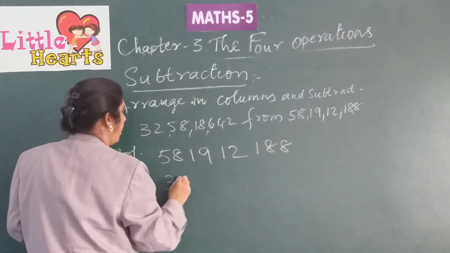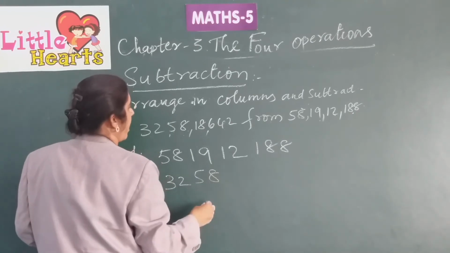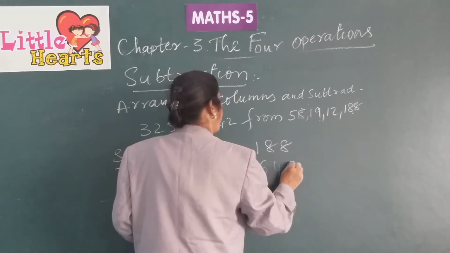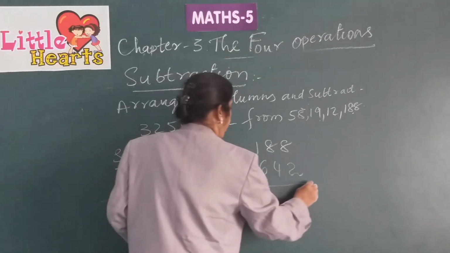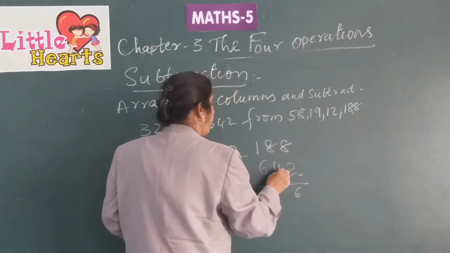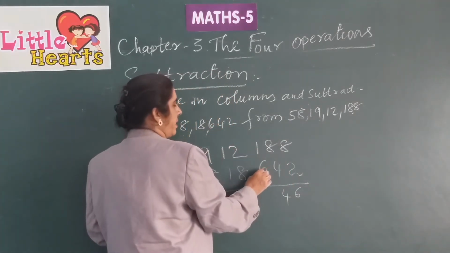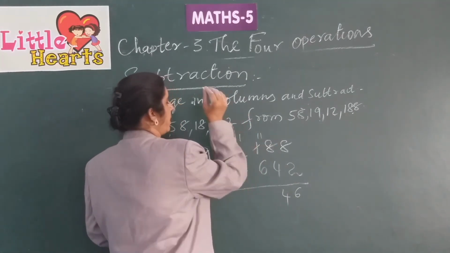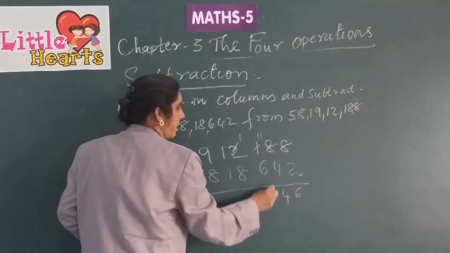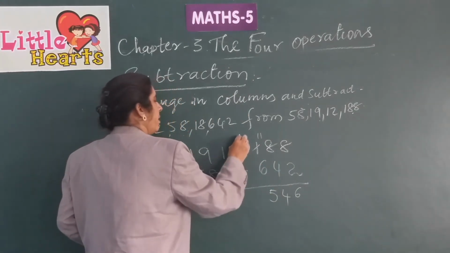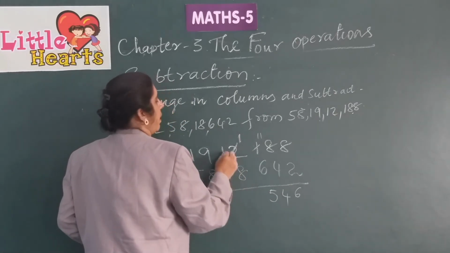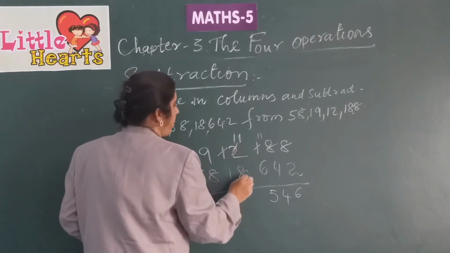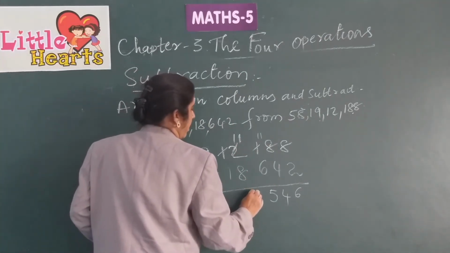Minus 32 crores 58 lakhs 18,642. 8 minus 2, 6. 8 minus 4, 4. 1 minus 6, borrow from 2, this becomes 11, this becomes 1. 11 minus 6 is 5, and this 1 minus 8, again borrow from here, this becomes 11. 11 minus 8, 3.